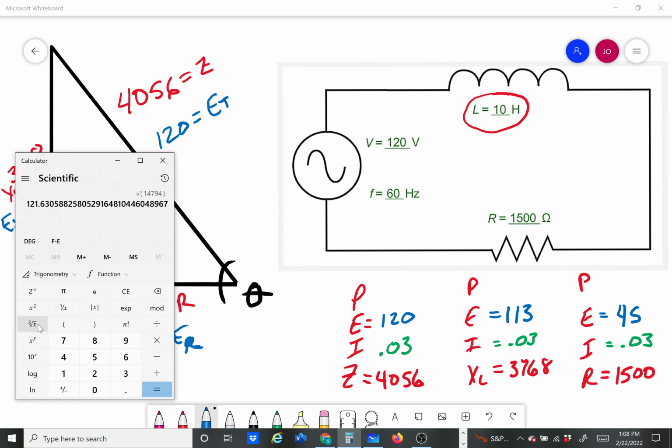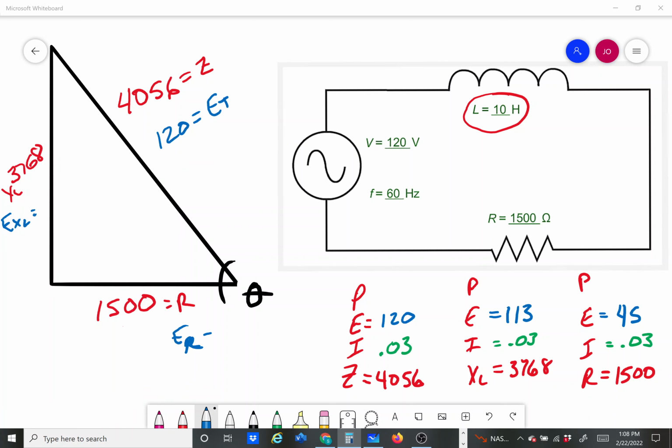So that's close enough for government work. All right, so now I know those values. I'm going to plug those in over here too. So my voltage at my resistor is 45, and my voltage at my inductor was 113. And we did a squared plus b squared with both of those, so we know that those are true and correct.